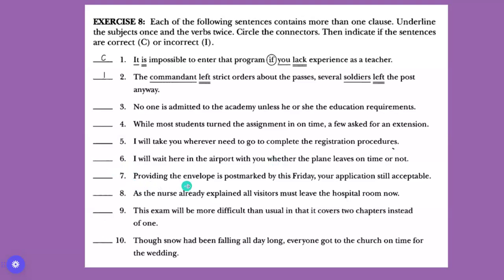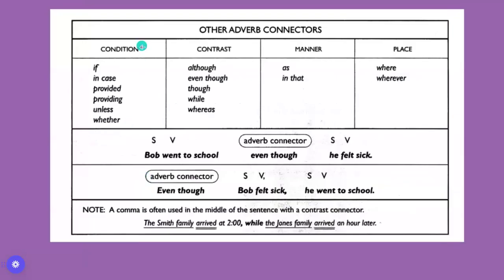Providing the envelope is postmarked by Friday, your application still acceptable. If you see, right away I can identify that after the comma I have no verb. Your application still acceptable. This sentence is incorrect, even though I have here my connector, providing, that shows a condition.